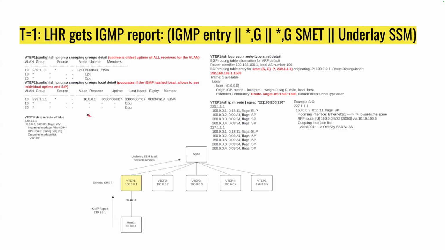Before sending out the route, it also creates a star comma G entry in the non-default VRF, which is VRF blue in this case. So the report comes in, it snoops it, creates a star comma G entry in VRF blue, generates the route and sends it out, and also joins all the existing underlay groups at t equals 1.